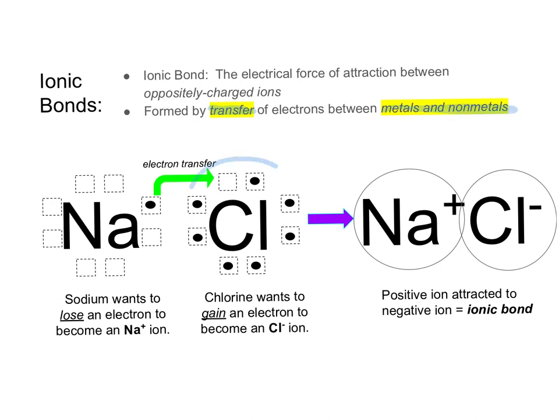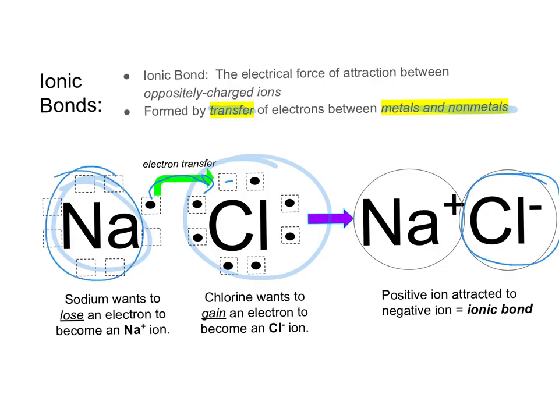It comes because these nonmetals are something called electronegative. They want to hold these electrons very tightly, and our metals are more comfortable giving up those electrons. So they just end up giving them away. This electron would leave sodium and go to chlorine. Chlorine has the same number of protons but gained an electron, so now it has a net negative charge.